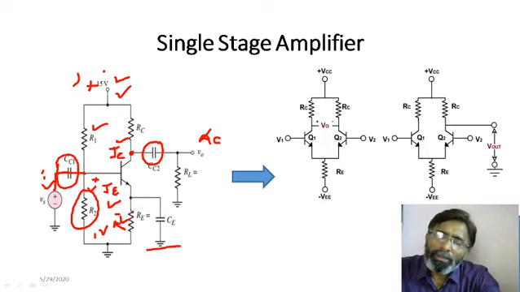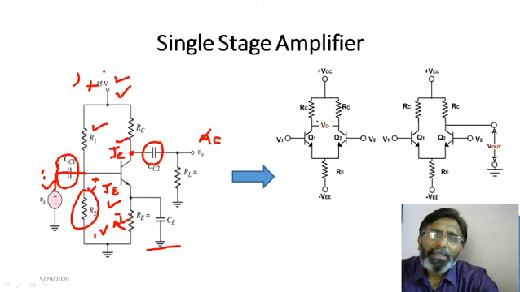We know that all semiconductor devices are sensitive to temperature. So, what will happen in this transistor? The number of charge carriers in the emitter, in the collector, as well as in the base will increase because of thermal agitation. As the number of charge carriers increases, the base current will increase.